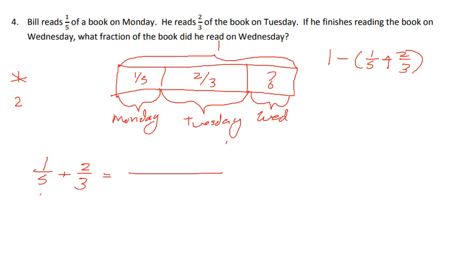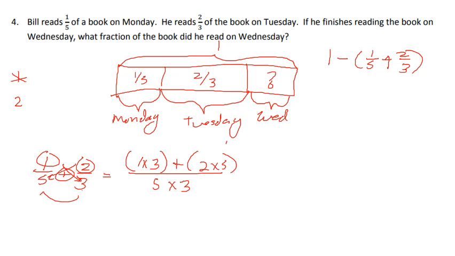So let's go ahead and do the smiley face. This is 5 times 3 over 1 times 3. Put our operator in, plus 2 times 5, which gives us 3 plus 10 over 15, which equals 13/15.